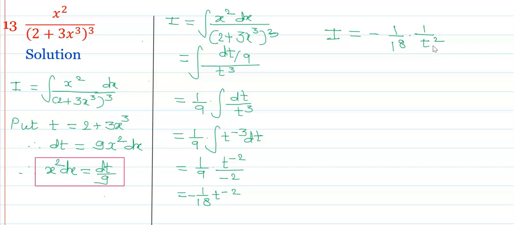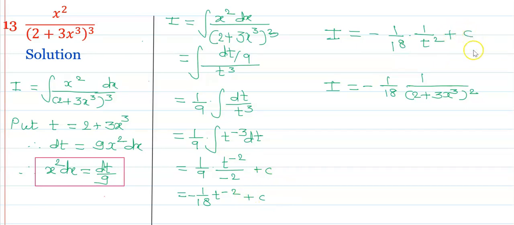Resubstitute the value of t, you will get here I is equal to minus 1 upon 18 into 1 upon the t is 2 plus 3x cube and whole bracket square plus c.